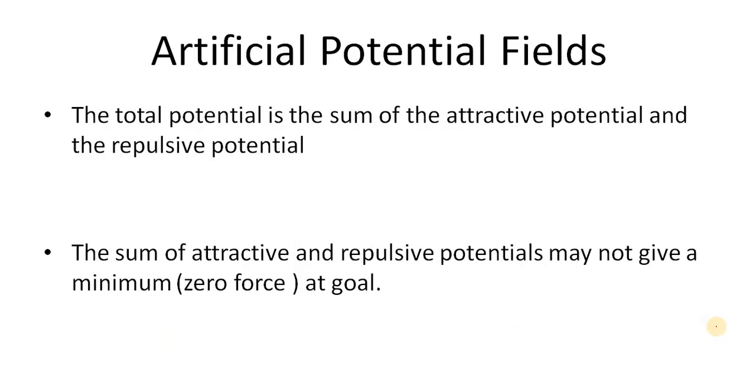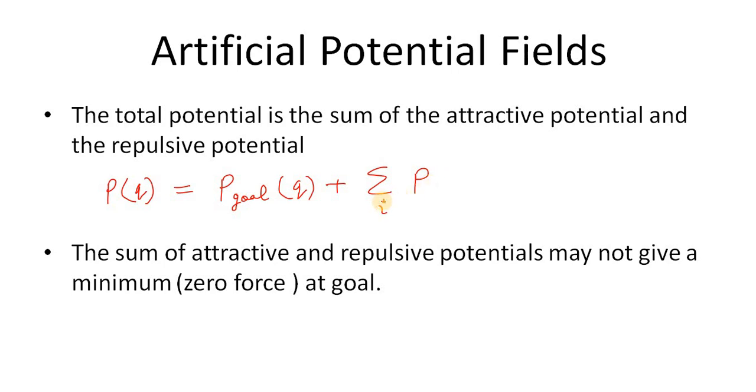The total potential is the sum of the attractive potential and the repulsive potential. So if you want to find the total potential, P of Q is the sum of the goal potential plus the sum of all the potentials of all obstacles.